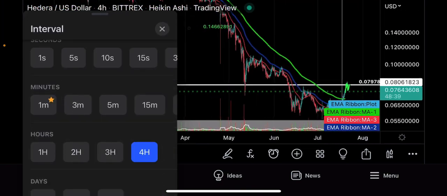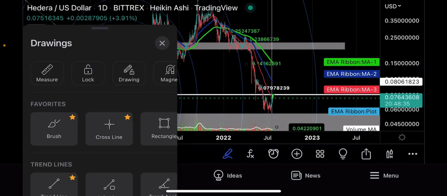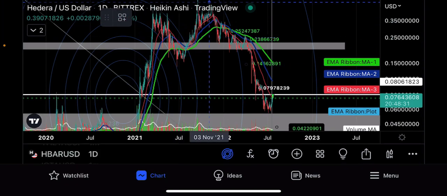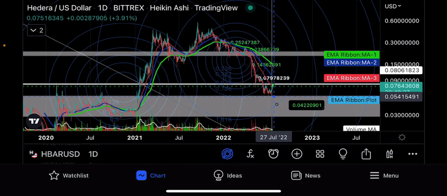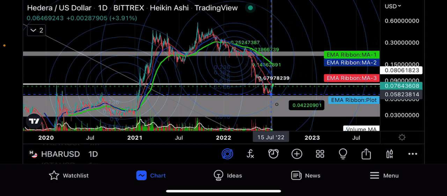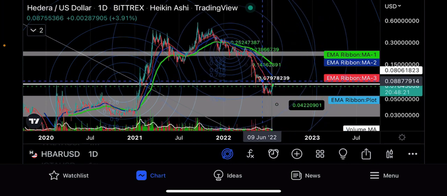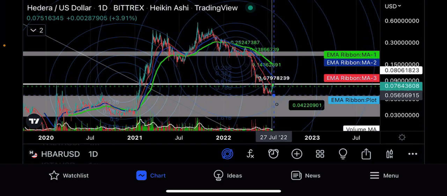Let's get down here, let's get out to the daily time frame, and let's go from a swing high right here all the way up there to a swing low. There we go, to a swing low.